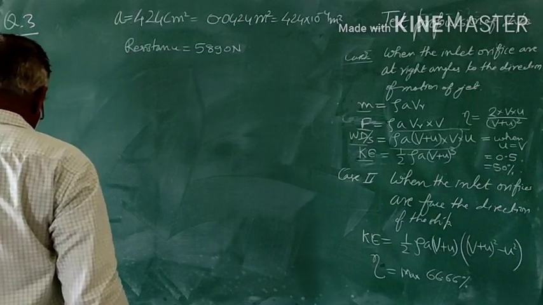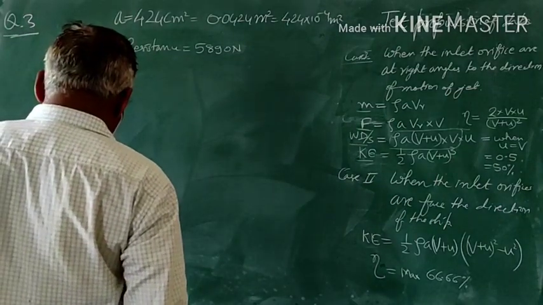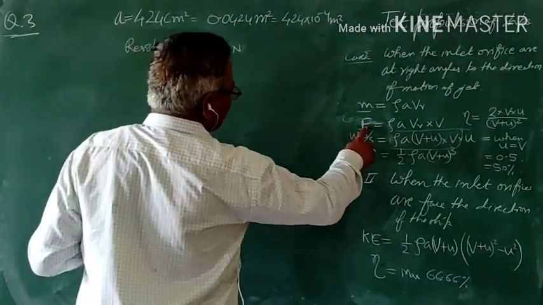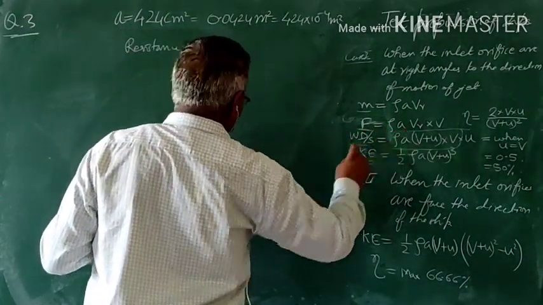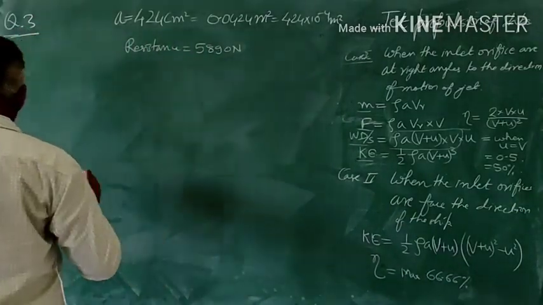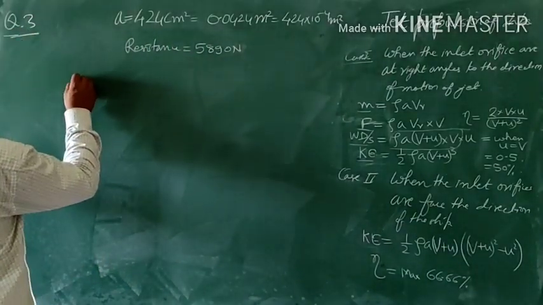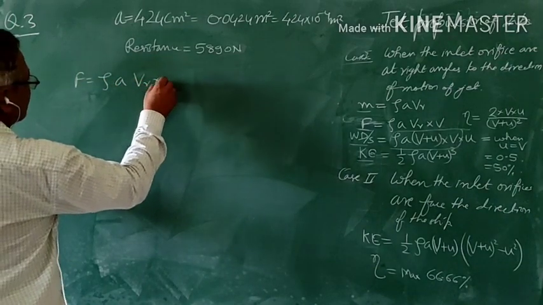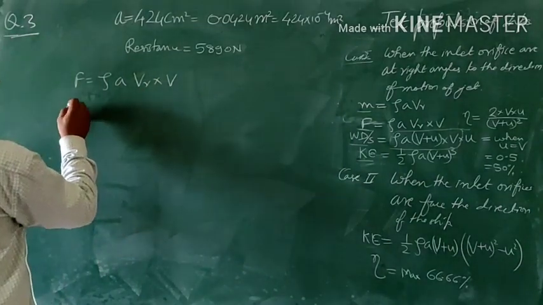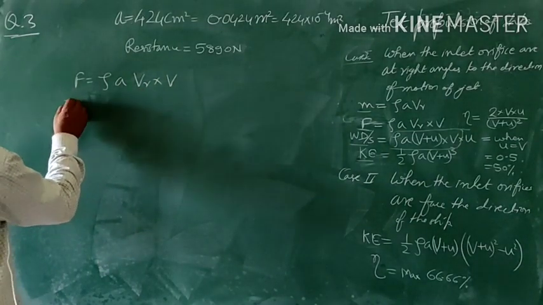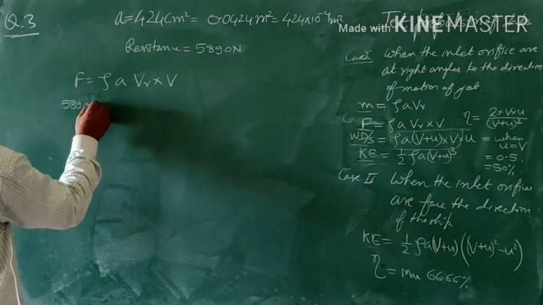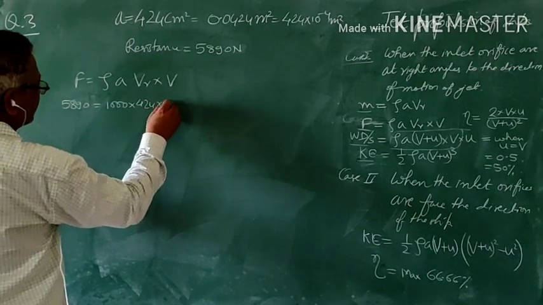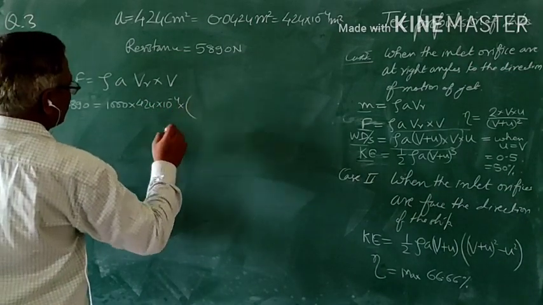So in this case, F is given as 5890 equals 1000 into 424 into 10 to the power minus 4 into VR.